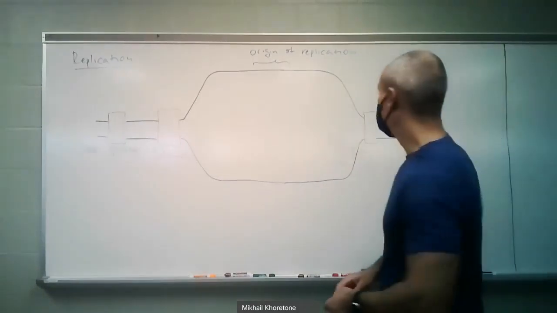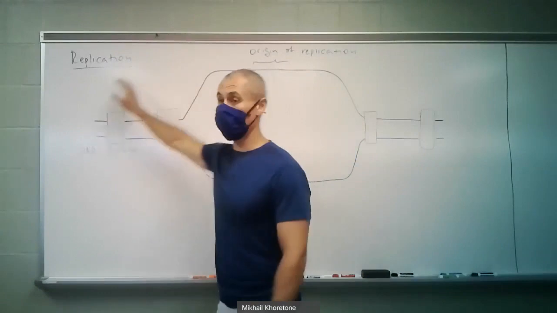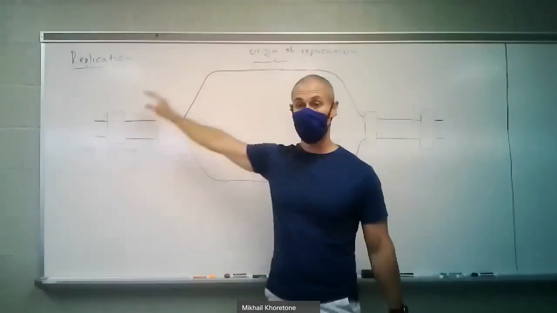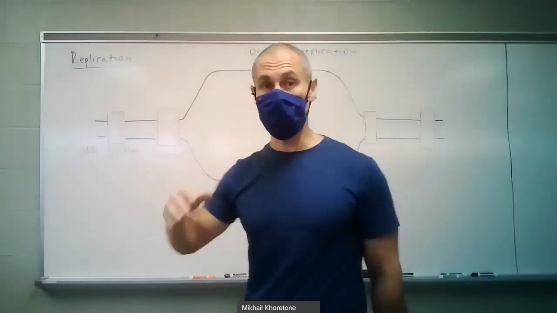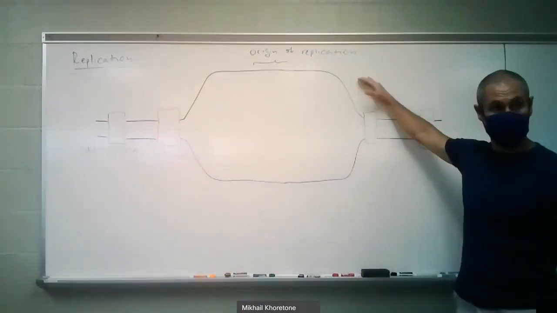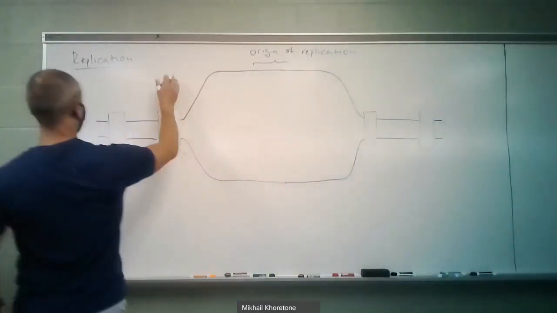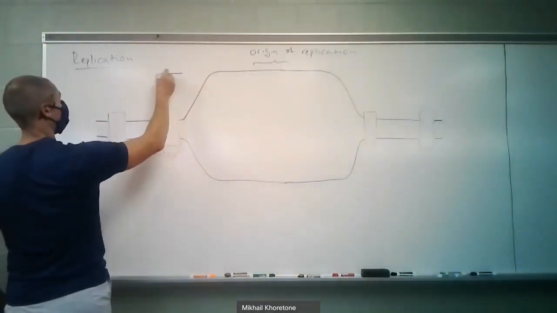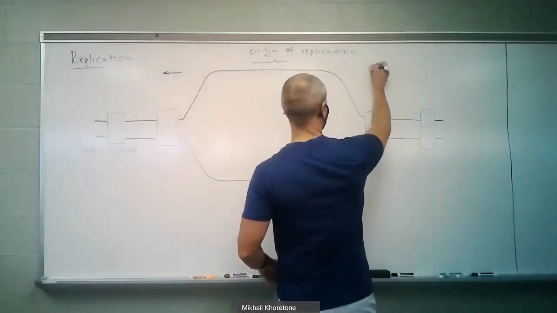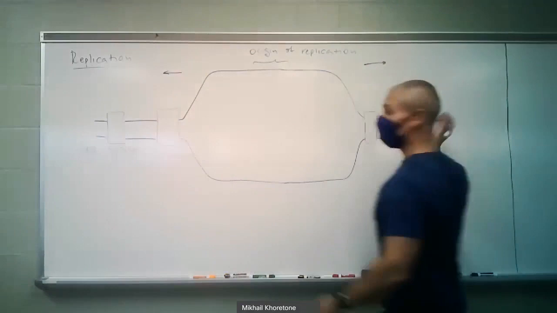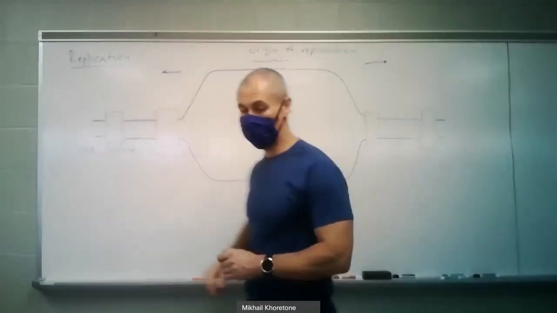Look what we've got. Now, here's the thing. I'm going to be focusing on the left replication fork, but keep in mind, same events going on the right replication fork. So let's put the directions. This replication fork is moving to the left. This replication fork is moving to the right. You good so far?